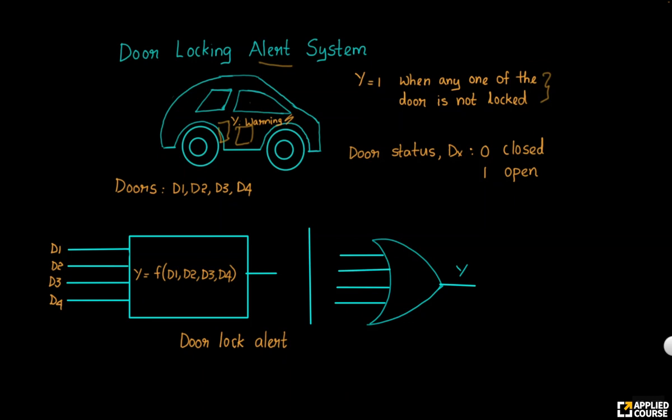So this system basically has four inputs, because four doors are there in the vehicle: D1, D2, D3, D4. And the alert is to be made or not, that is one output. Basically it is a multi-input, single output system.